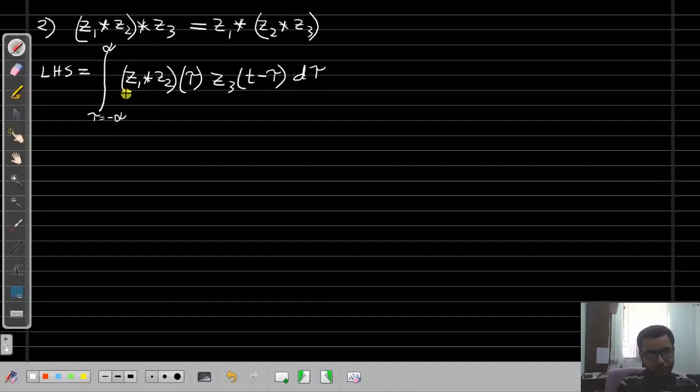Here it is important to consider this part, z1 star z2, as a single function of time or tau. Now next I shall write it as integration over tau from minus infinity to plus infinity. Let me first write z3 of t minus tau and d tau here.